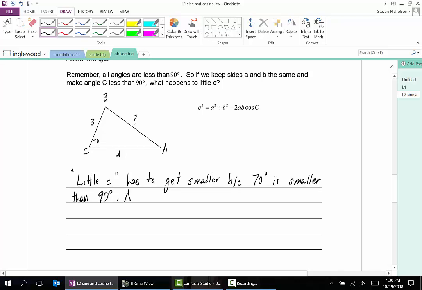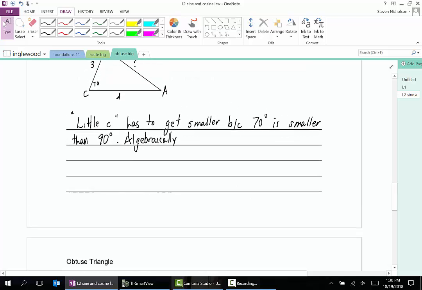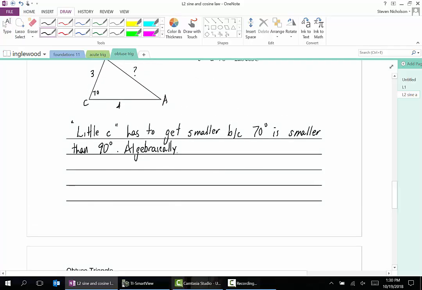So algebraically, negative 2ab cos c has to be negative. And this can only be true if cosine is positive, which it is.